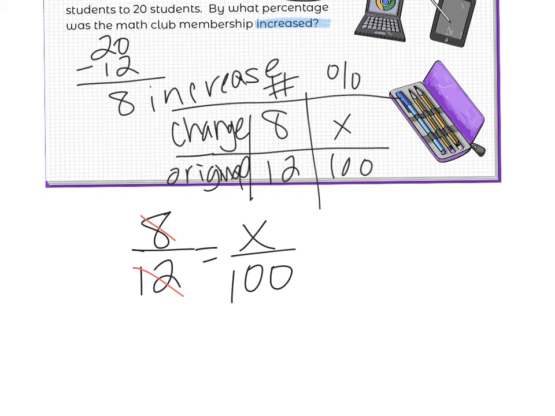All right, so divide 8 by 4, I get 2. Divide 12 by 4, I get 3, and yeah. So you might know if you multiply 3 by 33 1/3, you will get 100, and that would be awesome if you want to do it that way. If not, then let me rewrite my problem so you can see what our problem is now.